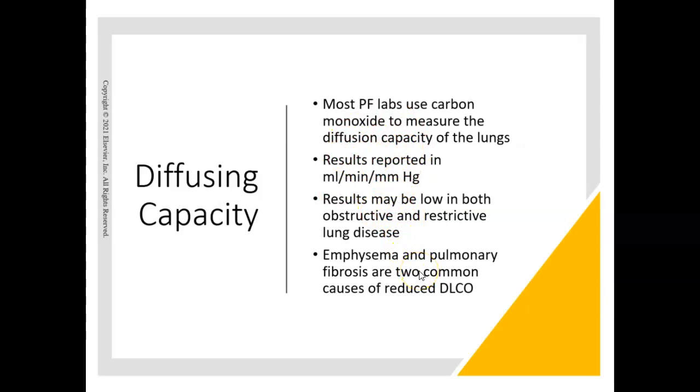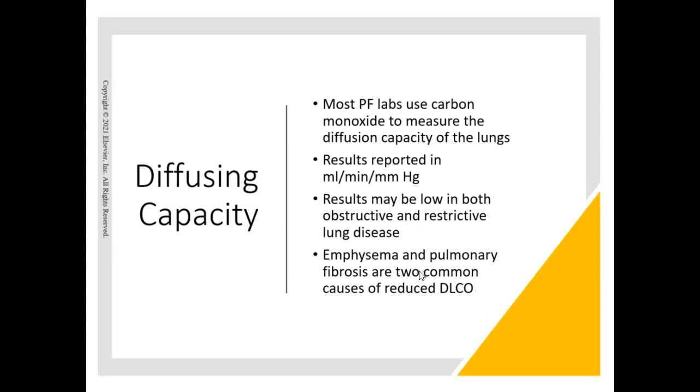Okay, so diffusing capacity, when you're looking at your results, you may see low results in both obstructive or restrictive diseases. An obstructive disease that has a low diffusion capacity would be emphysema. A restrictive disease with low DLCO would be pulmonary fibrosis. So those are two of our most common reduced DLCOs.